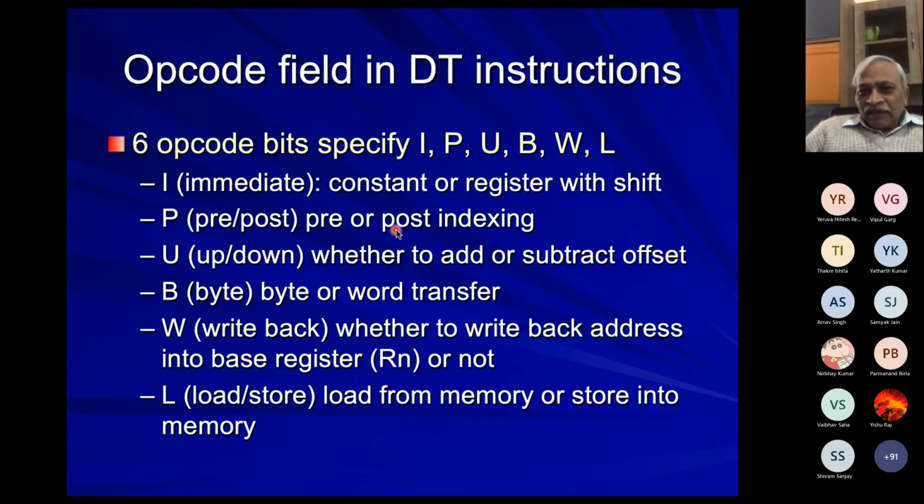Pre-indexing means that first you perform this address arithmetic and then access memory. Post-indexing means that you first access memory and then perform this address arithmetic. Obviously, post-indexing would make sense only if the result of this address arithmetic is stored back in the register. Otherwise, it is wasteful. You're not achieving anything.